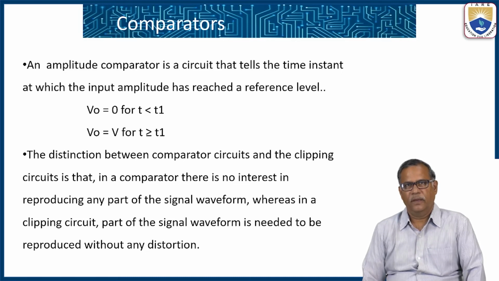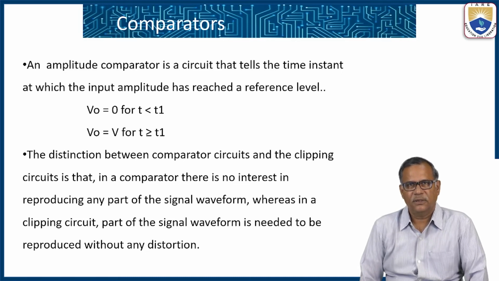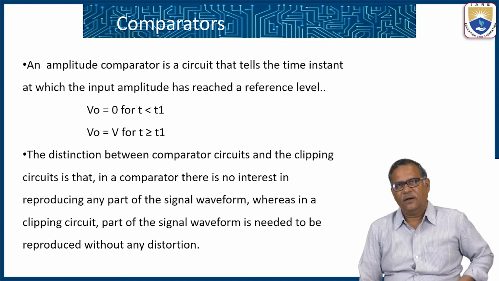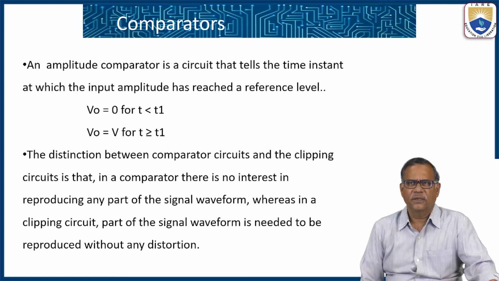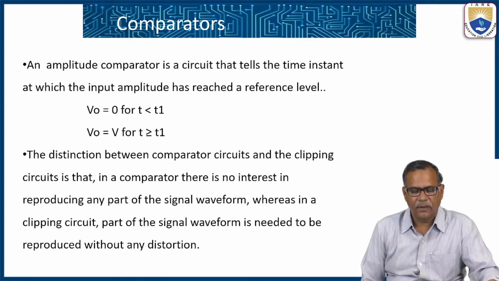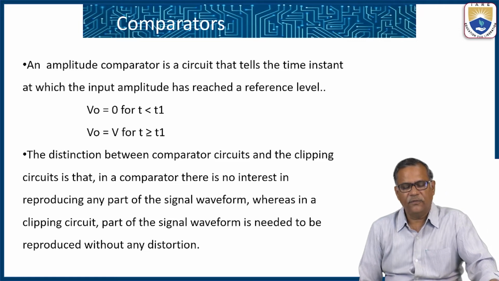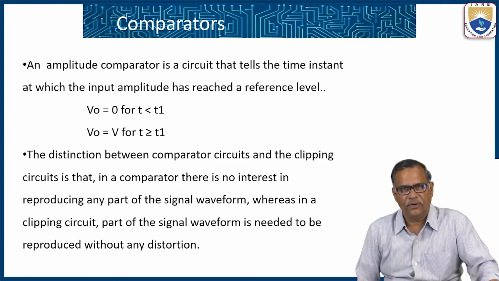So that's the clamping theorem. Now let us discuss the comparators. So what is a comparator? A comparator is a circuit that tells at what time instant the input amplitude has reached a reference level. That is an amplitude comparator. For an amplitude comparator, V0 is equal to 0 for t less than t1, and V0 is equal to V for t greater than or equal to t1.